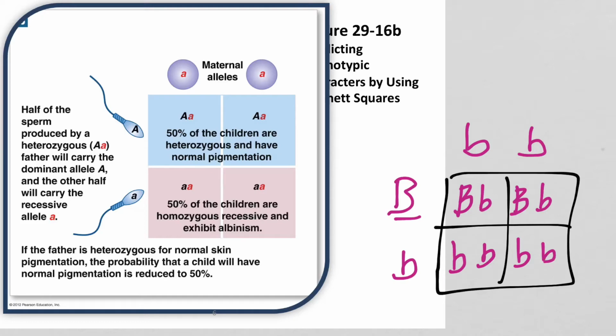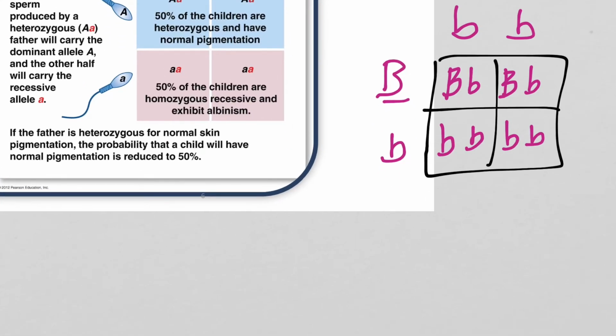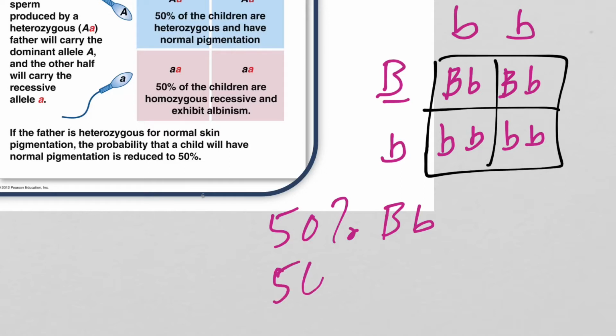And this half of Mama's eggs have the blue-eyed gene. So you can see what happens here. Let's ask the question: what are the statistical possibilities of the genotypes of the children? We've got a 50% chance of heterozygous and a 50% chance of homozygous recessive.